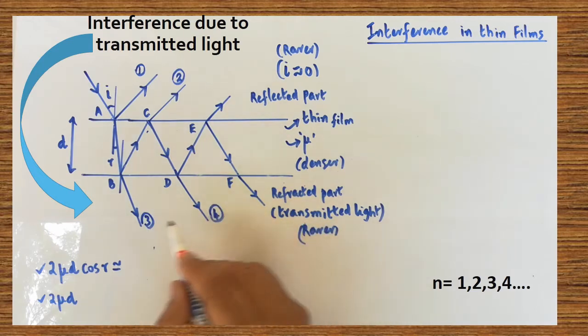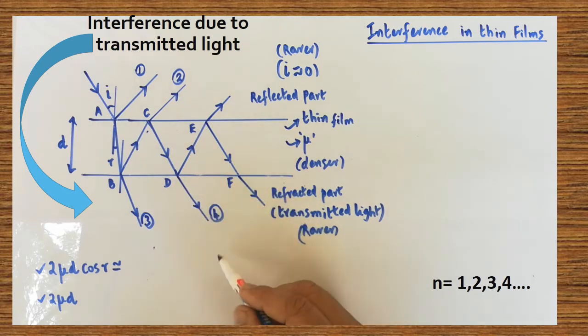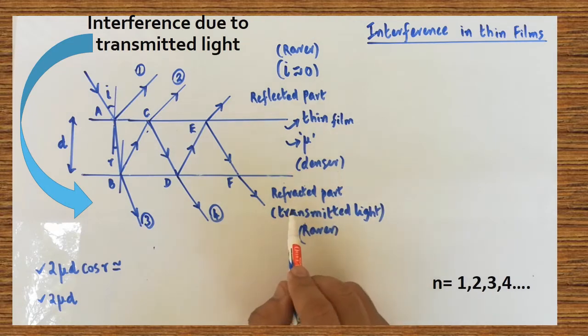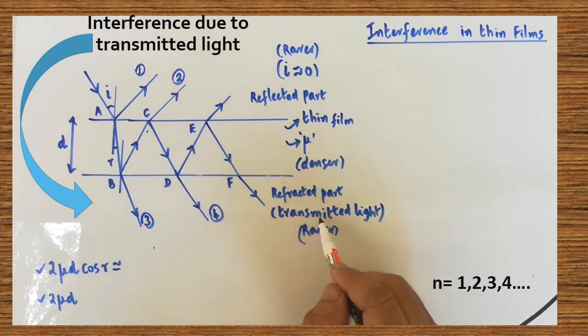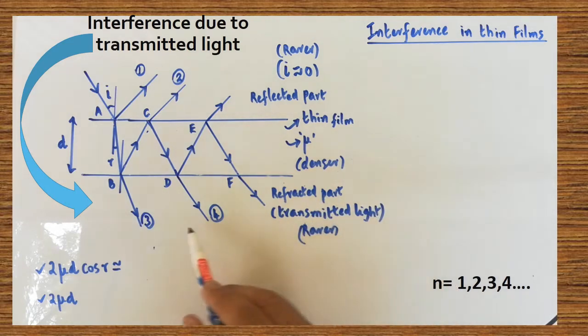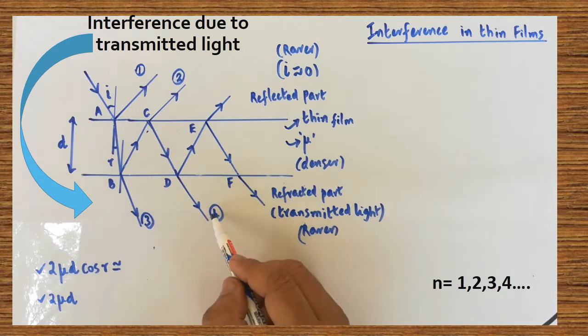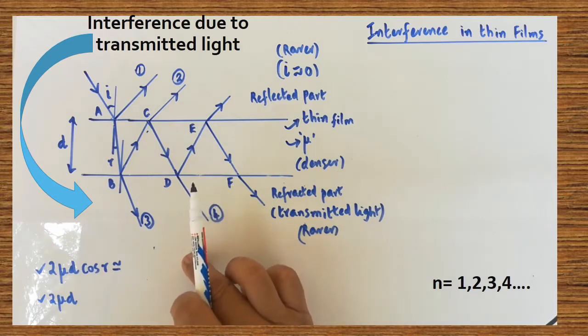The third and fourth rays are traveling within the vacuum, and these two rays can be taken as the refracted part, which we also call the transmitted light. These two transmitted lights will interfere with one another and form an interference pattern that can be observed if you are within the bubble.